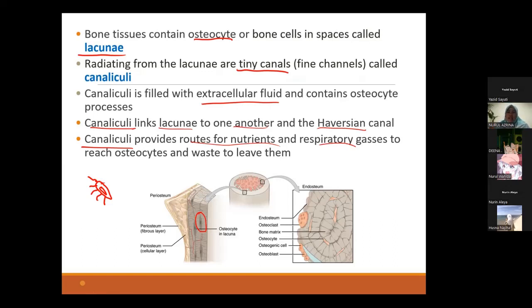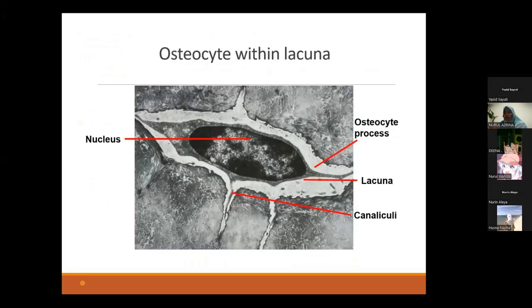Okay, so that is how it functions. All right, so this is the osteocyte processes. Okay, so this is the canaliculi. And this is osteocyte in lacunae. Okay, in large view or large magnification.